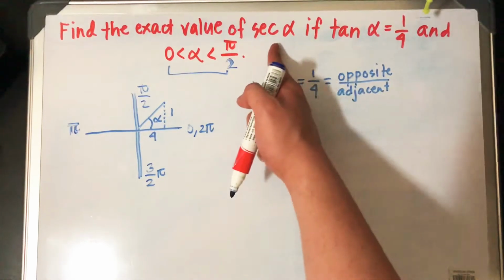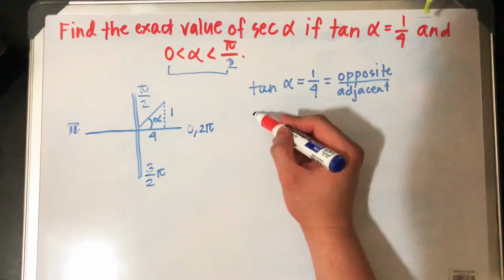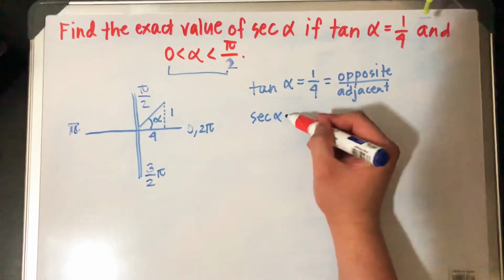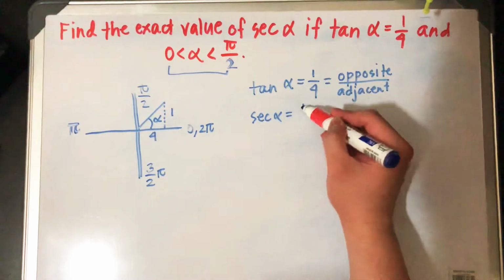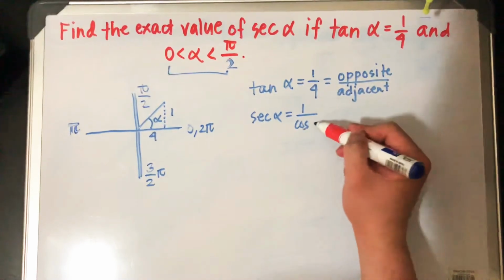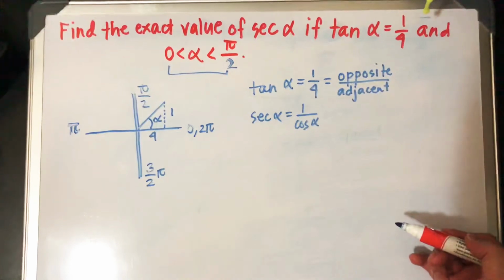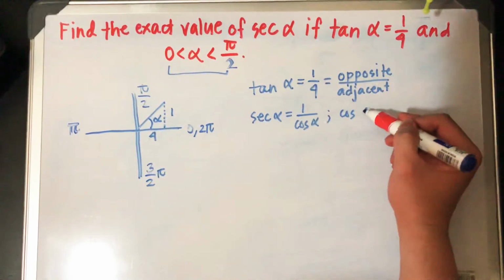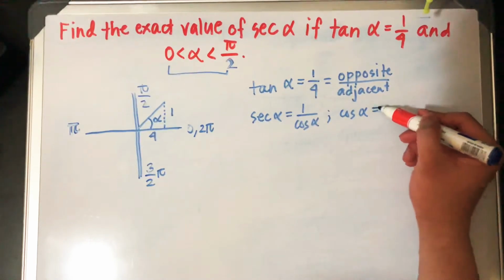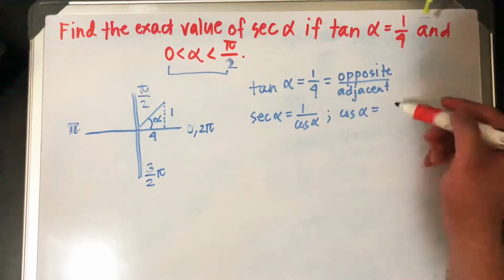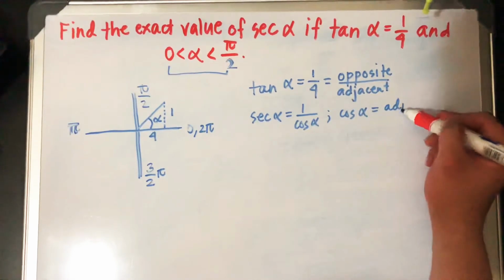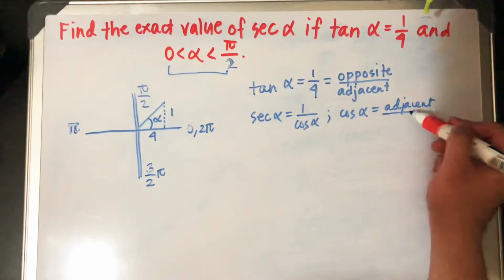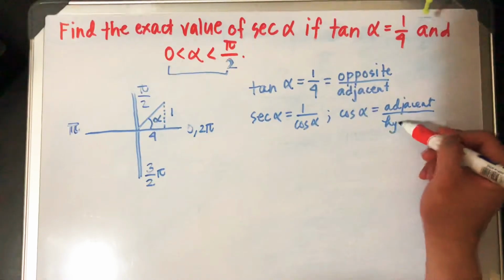Next, we have the secant alpha. Using a trigonometric identity, secant alpha is equal to 1 over cosine alpha. And we know that cosine alpha is equal to adjacent over hypotenuse.